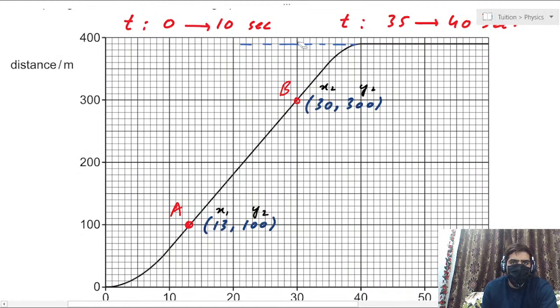How do we know that? Because there are 10 lines between 300 and 400, so this would be 310, 320, 330, 340, 350, 360, 370, 380, 390. So this one is 390, divided by how much time he has taken throughout the journey before it comes to rest. It stopped somewhere over here at 39 seconds.